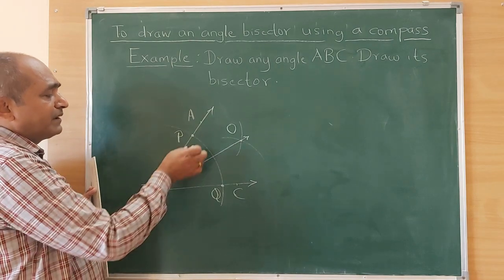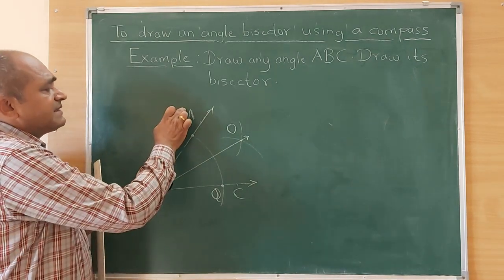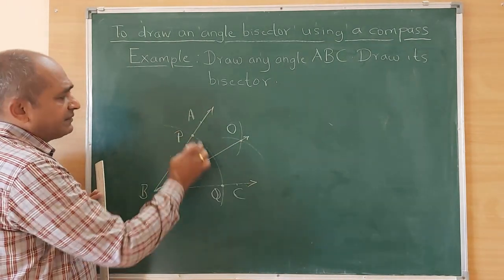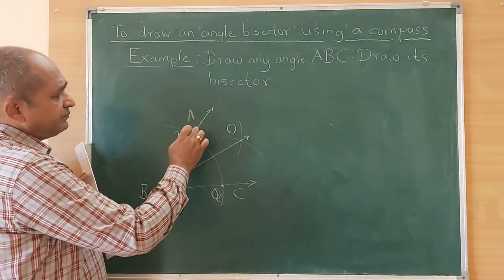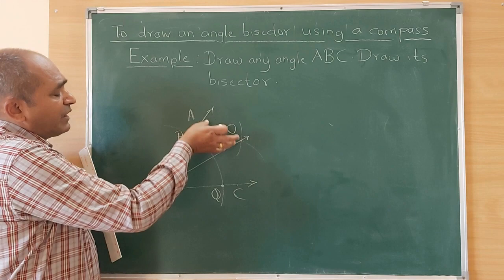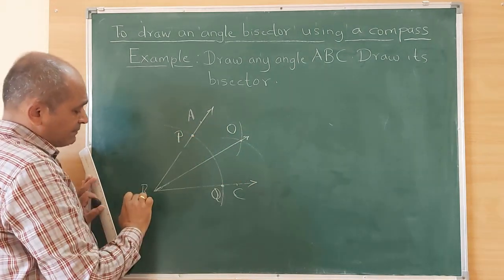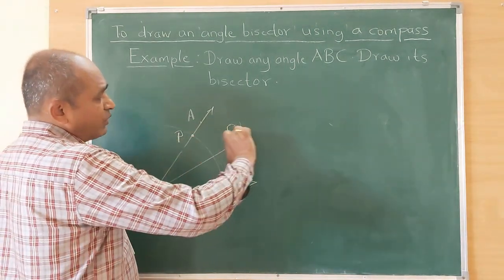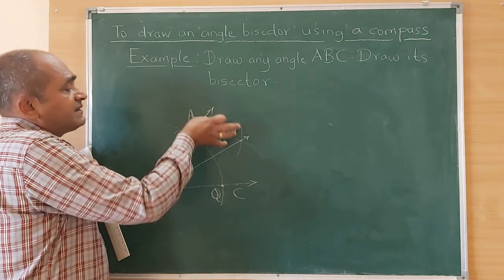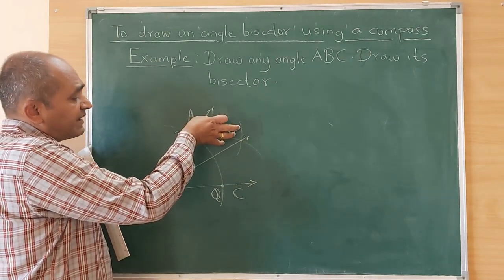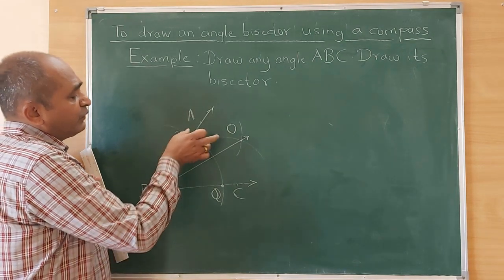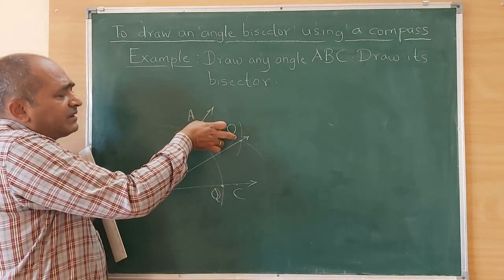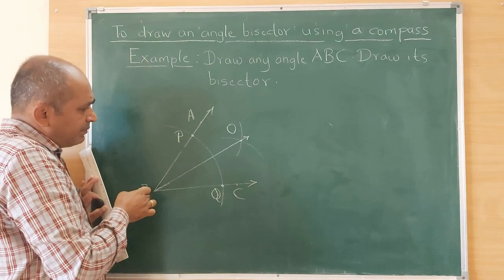Suppose for example, this angle ABC measures 50 degrees. So now I got two angles because this bisector BO has divided this angle into two equal parts. So can you guess what will be the measure of angle ABO?